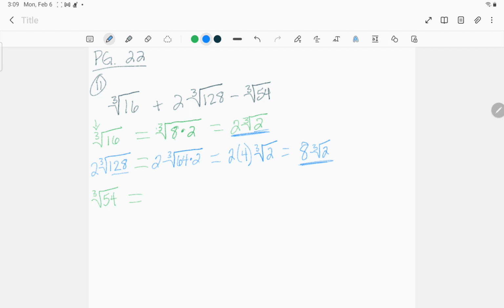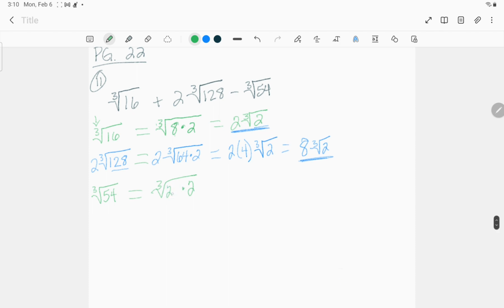And let's get our third. So again, we're going to divide by 2, because we know that's what we're working with. So what is 54 divided by 2? 27. Hope that you agree.